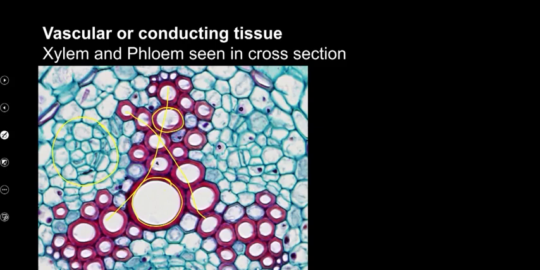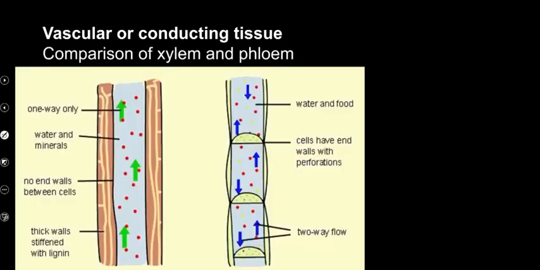And if you look at the xylem cells, they're actually very big and you can clearly see their thick walls. The phloem cells have got thin walls, but what gives it away is these little cells between. That's a sieve tube element, and that is a companion cell. So you can identify phloem quite easily because it's got biggish sieve tubes and much, much smaller companion cells. That's the best way to identify phloem.